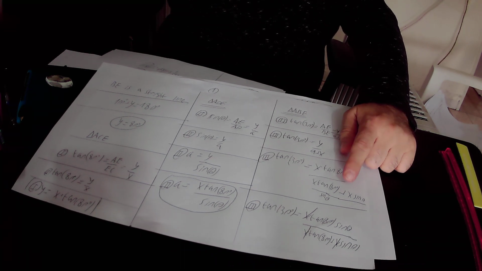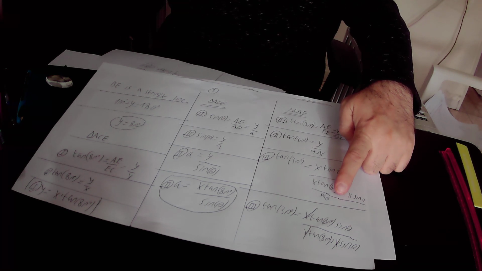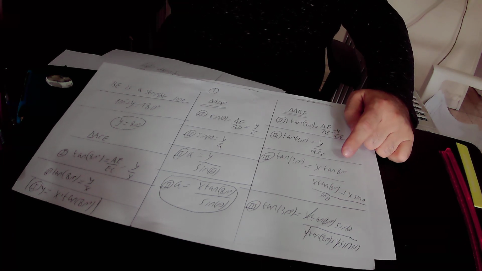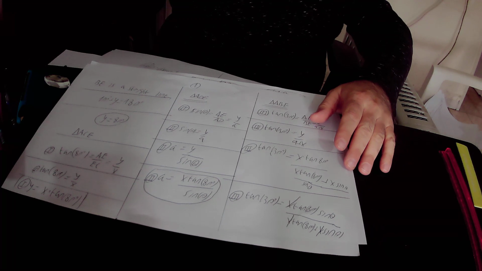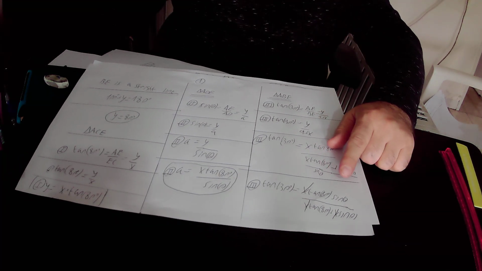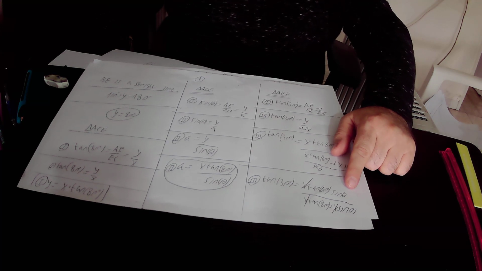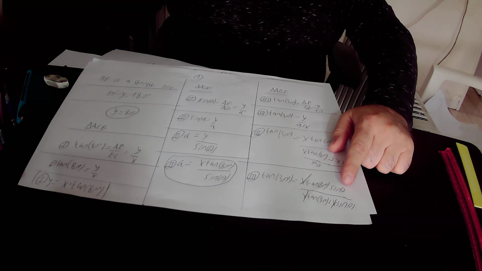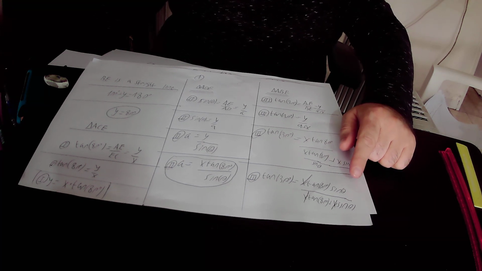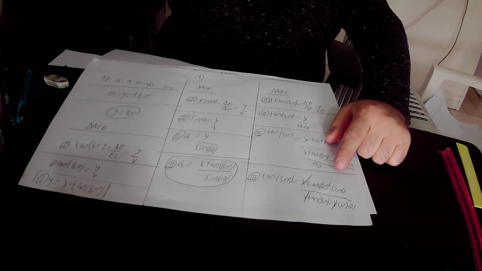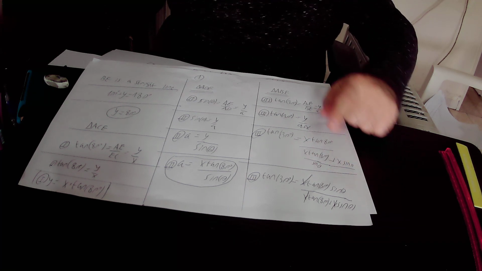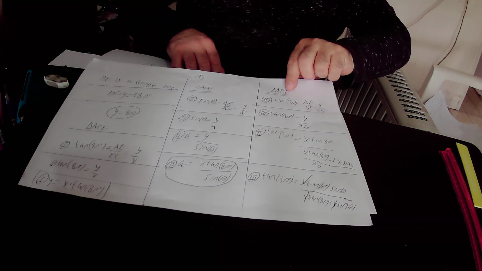Here we moved sine theta from the denominator to the numerator, and we got that tangent 30 degrees equals X times tangent 80 degrees times sine theta over X times tangent 80 degrees plus X sine theta. Here we have X in the denominator and X in the numerator also, so X will get cancelled.